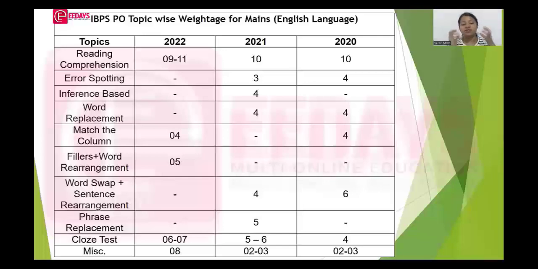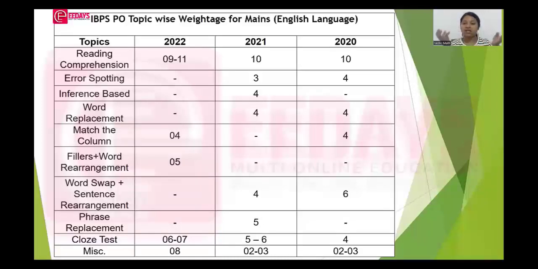And coming to fillers and word rearrangement, they have asked 5 questions last year, and in the 2 years before that they didn't ask anything. Coming to sentence rearrangement and word swap, last year they didn't ask any questions, but in 2021 and 2022 they asked 4 and 6 questions.